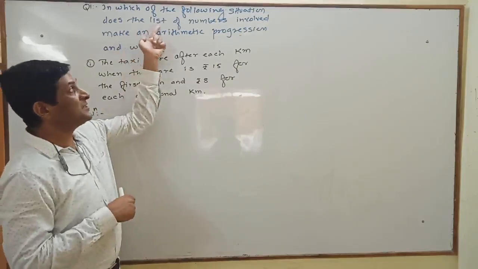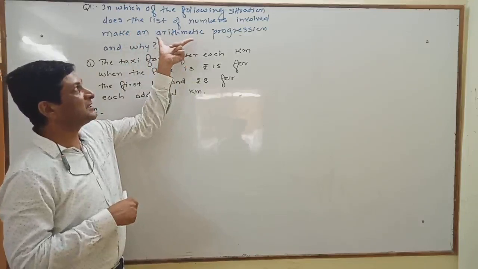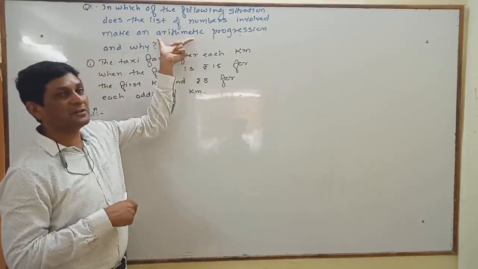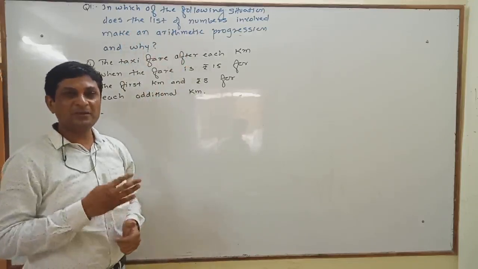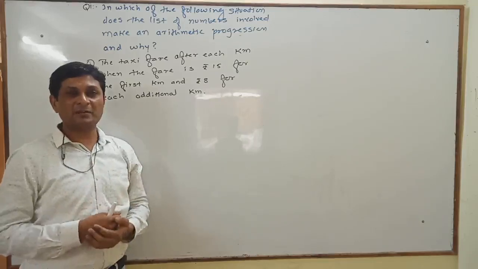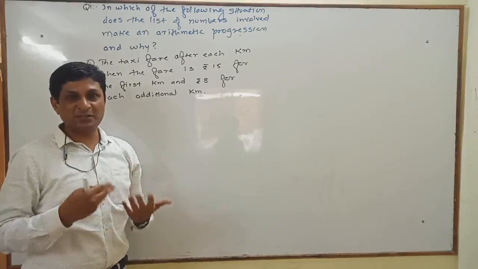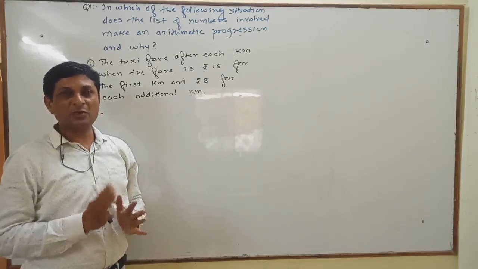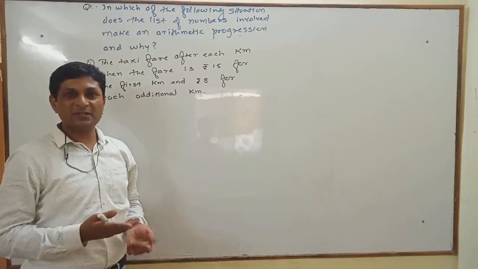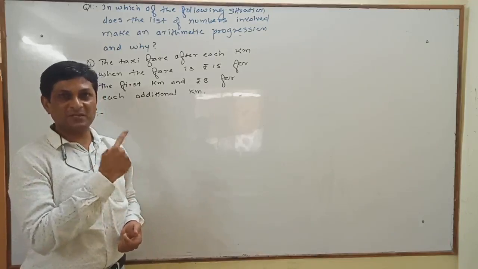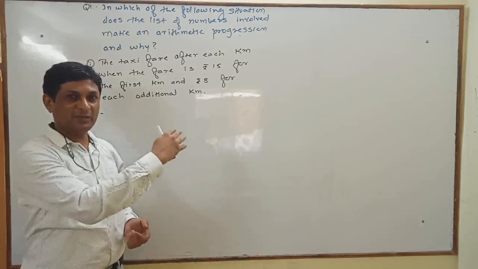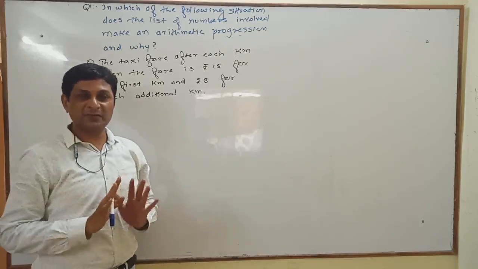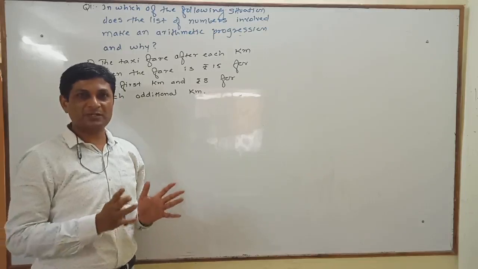After preparing the list, we have to check whether the list of numbers is in arithmetic progression or not. We can say that the list is in arithmetic progression if the condition in the definition of arithmetic progression is satisfied, which we already know. What is the condition? We have to check the difference of any number to its previous number. If this difference is constant, we can say that the progression is arithmetic.